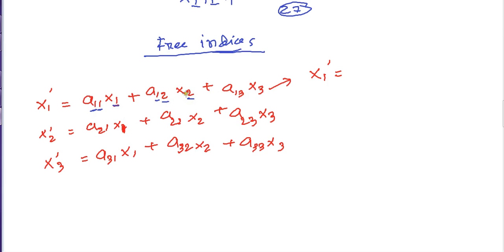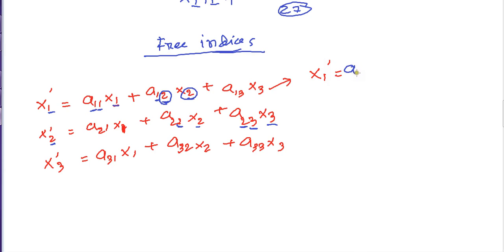The most interesting part is that the index at x is equal to the second index of a, right? And the first index of a is the same as the index of x prime, and in every equation it is 2, it is 2. The second index of a is equal to the index of x, and the first index is equal to that of x2 prime, right? So how can we write this in compact form?